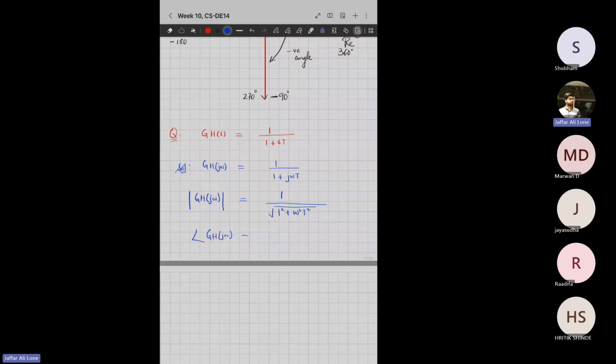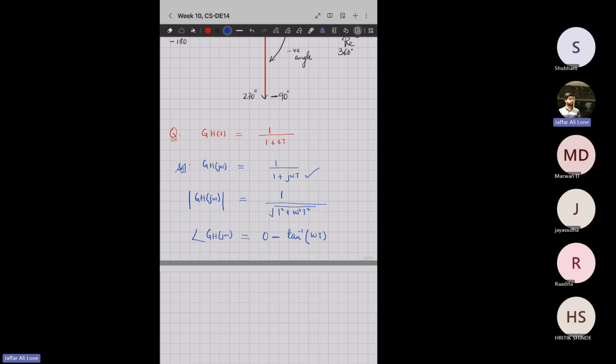I also explained it when we were doing root locus. The phase of the numerator is 0, and for the denominator, minus tan inverse of omega T by 1. Very good. So I hope you know how to write phase and how to write magnitude. Done.